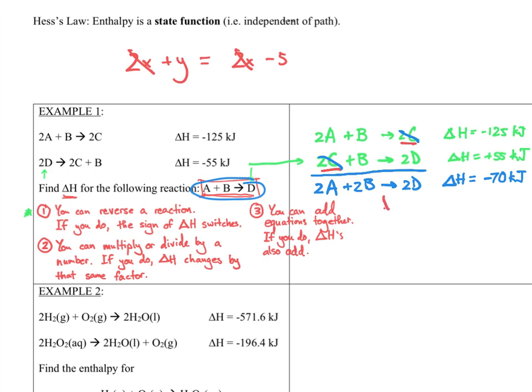The result then is going to be, if I divide everything by 2, I now get A plus B yields D. Again, what I did there was I divided by 2 on both sides. All right, this also divides the enthalpy by 2, so it looks like the enthalpy for this process is going to be negative 35 kilojoules. Lovely. Let's put a box around it.